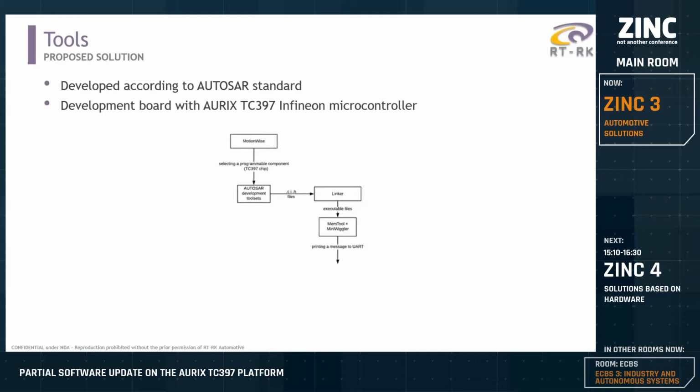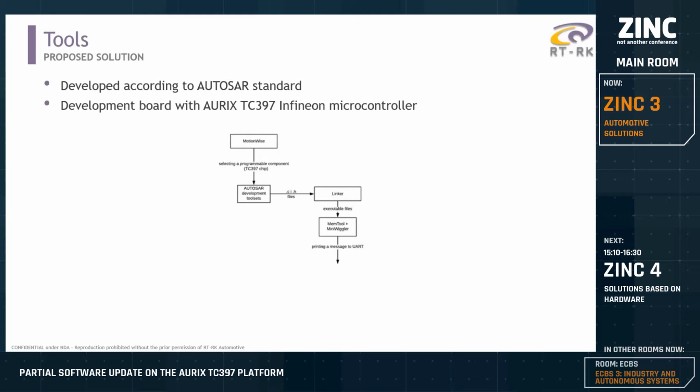The software is written using the C programming language and developed according to the AUTOSAR standard on the development board with AURIX TC397 Infineon microcontroller. Once all necessary files have been created, the linker is called. The linker is used for connecting all of the files that are necessary for the process of creating executable files.